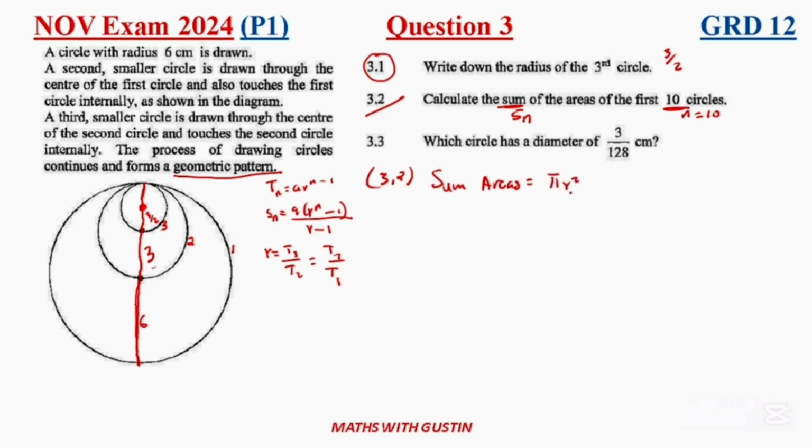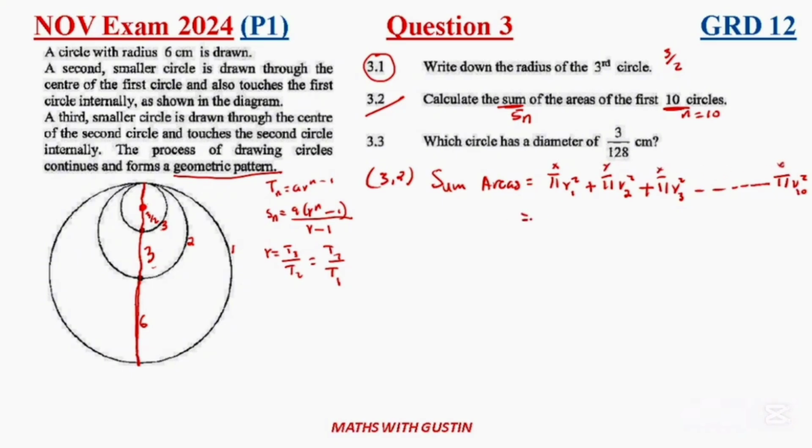Okay, let's say this is for circle number 1, plus that of pi r squared, circle number 2, plus that of pi r squared, circle number 3, and they go on up until pi r squared, circle number 10. Okay, so now if you have a look here, guys, we have got a common factor, which is pi.